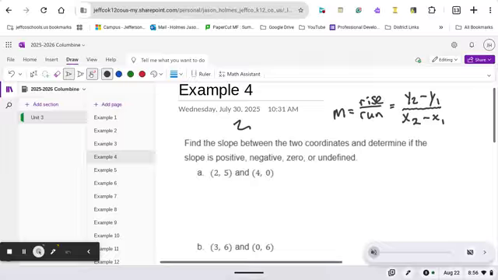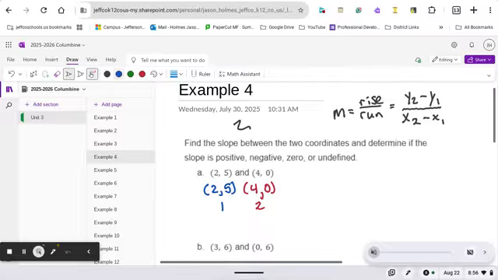So we'll look at part A, and I'm going to rewrite (2, 5) in blue, and let's say (4, 0) in red. So this is going to be point number 1, and this is going to be point number 2. We're going to start with the y values.